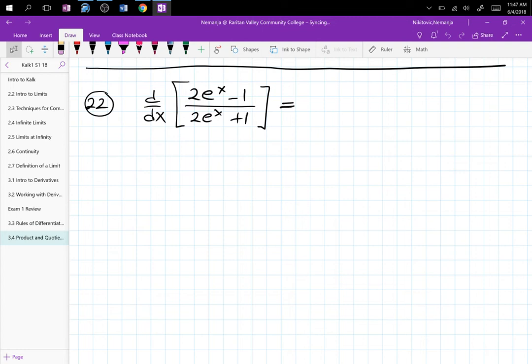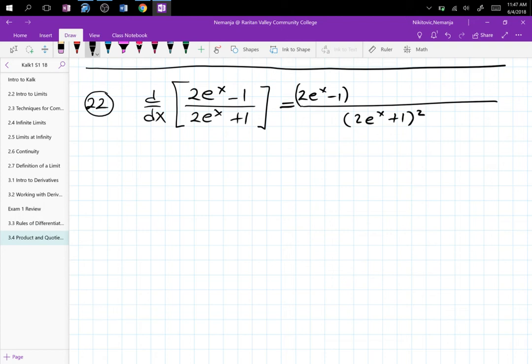All right, so what do we have? The way I like to start this problem is I take the denominator and square it immediately, because that's the g squared part in the denominator, and then I copy g as is here, times the derivative of the top, that will be just 2e to the x, minus, copy the top, 2e to the x minus 1 times the derivative of the bottom, which is 2e to the x.